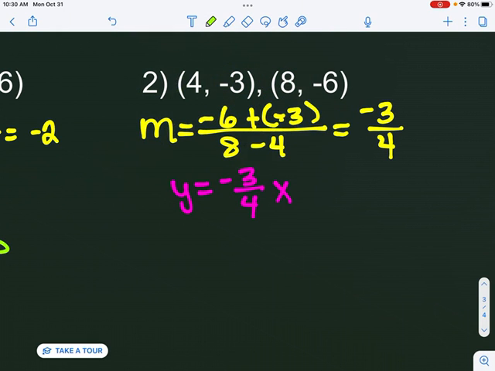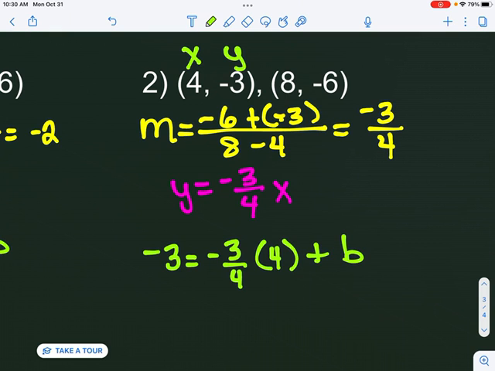So now I'm going to take one of the points. It doesn't matter. I'll just use this one, x, y, and I'm going to plug that in. So negative 3 equals negative 3/4 times 4 plus b.